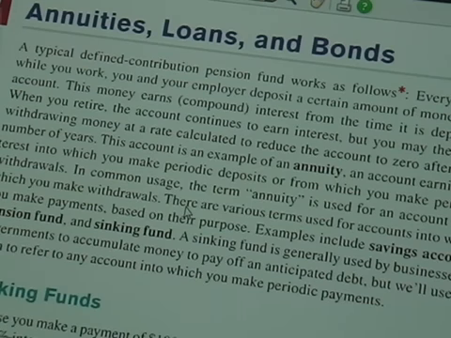So these are basically all where you make payments into it. A sinking fund is generally used by businesses or governments to accumulate money to pay off an anticipated debt. But we'll use the term to refer to any account into which you make periodic payments.